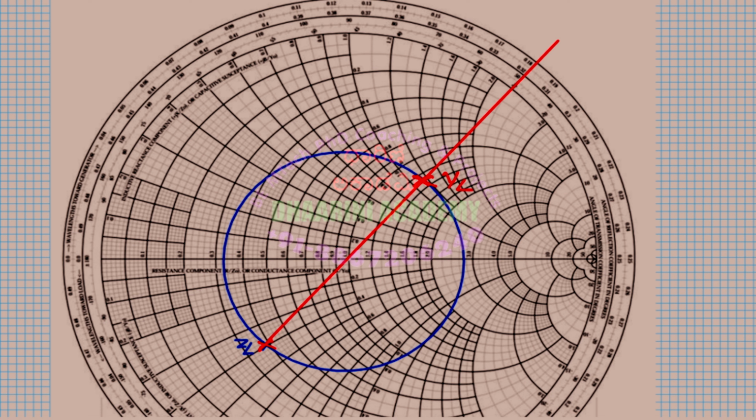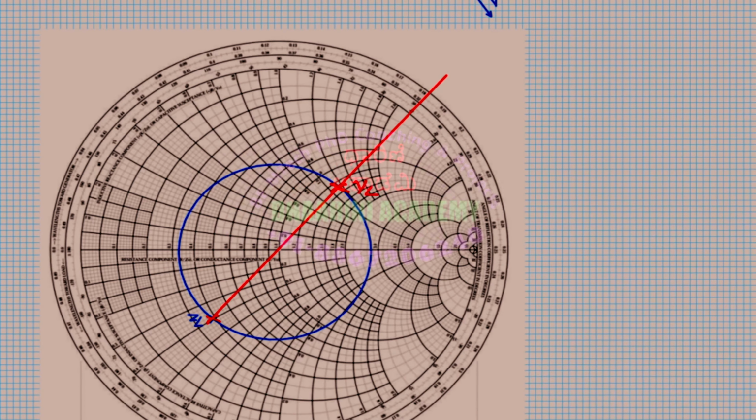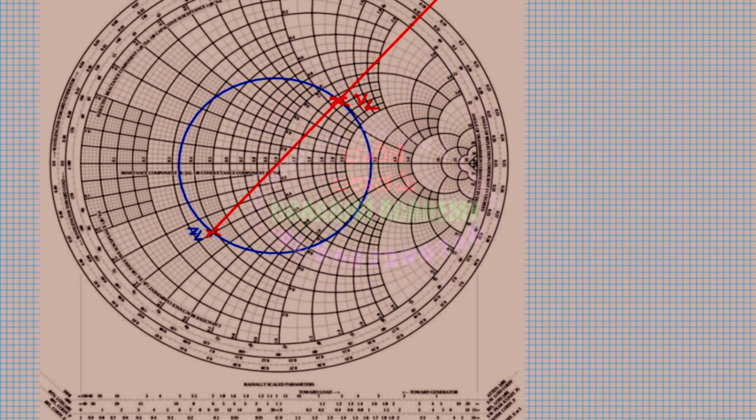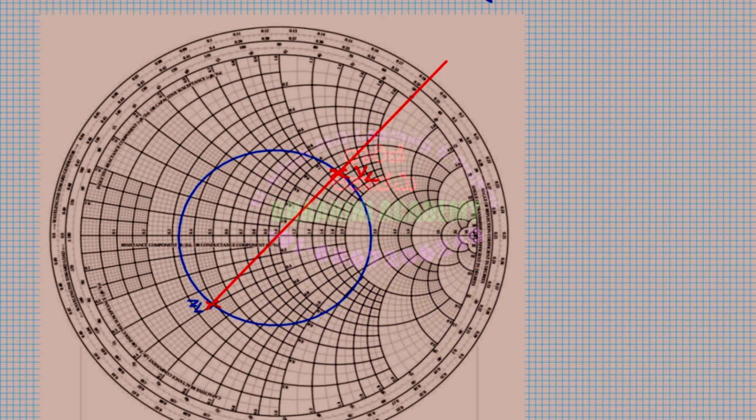So do this, and whatever YL you get, you tell me what that value is. I'll just make a note here so that we keep track of everything. I'll write here the ZL value, which is given, that I marked first, equal to 0.4 minus j 0.4.